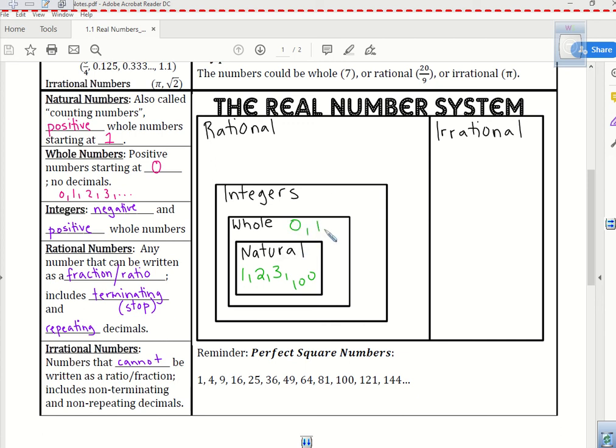Okay, then it's 0, 1, 2, 3, 4, 5, 6, 7, 8, 9, 10. Okay, things like that. I'm going to take out these commas. Integers now include negative numbers. So negative 1, negative 2. 0 is still an integer. Positive numbers are still integers.